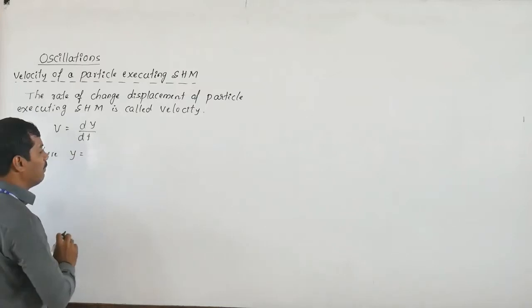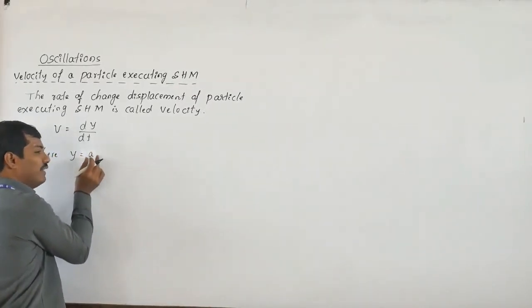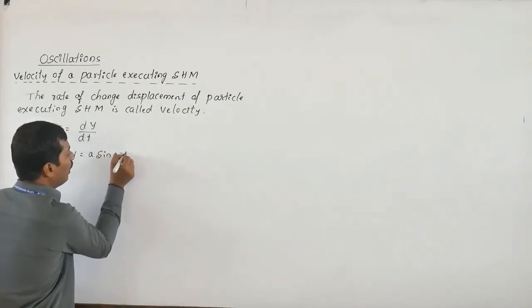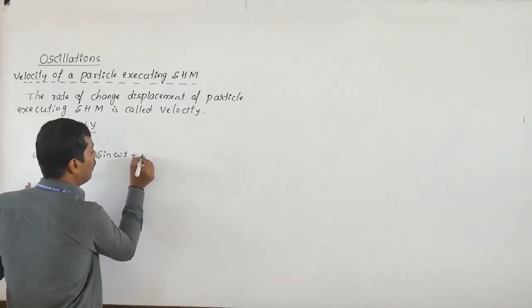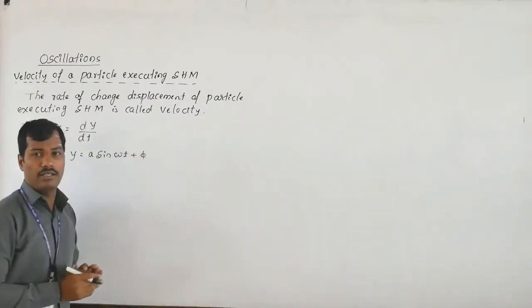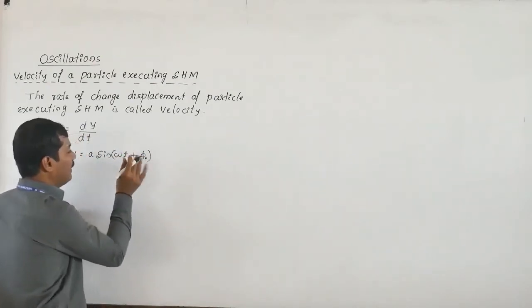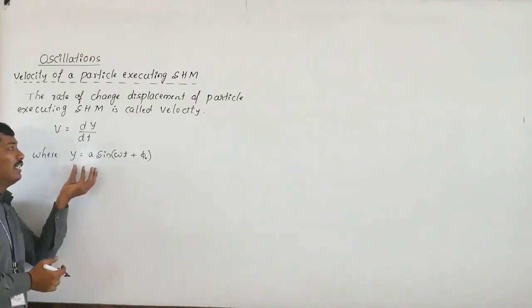Its equation is y equals A sine of omega t, where A is an amplitude, which is a constant. If there is some initial phase, that is phi naught, then this is the displacement equation.